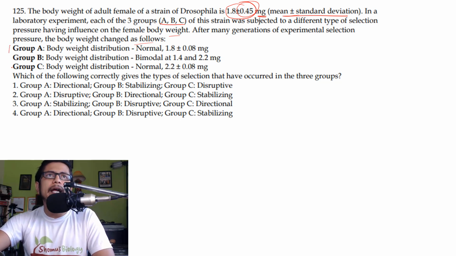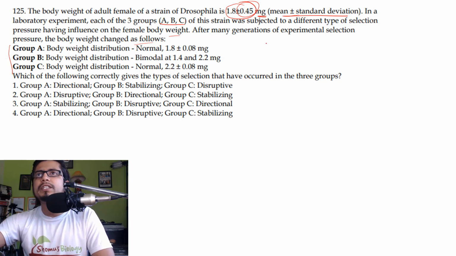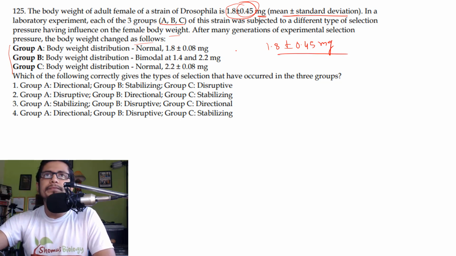Group A, B, C, and we see the body weight change. The body weight distribution, normal distribution, is 1.8 plus minus 0.45 milligram. Okay. Now, this is what we saw in group A, 1.8 plus minus 0.08 milligram, which is also very normal. Okay, the deviation is 0.45, this is 0.08, very normal.